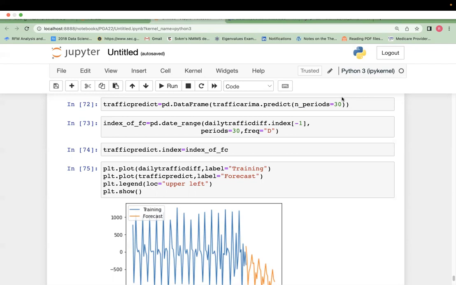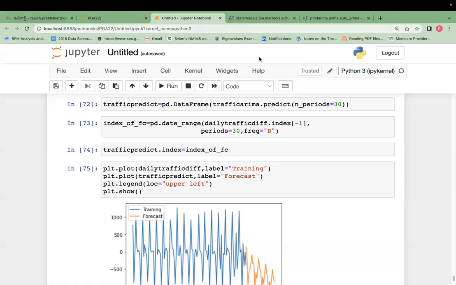So no two models will be the same. So this is how we do univariate time series forecasting in Python.